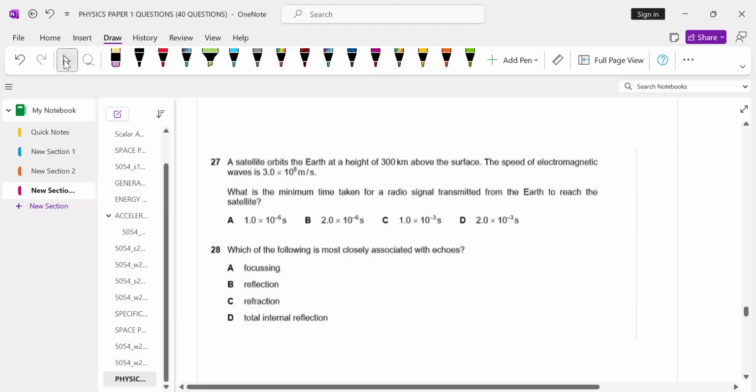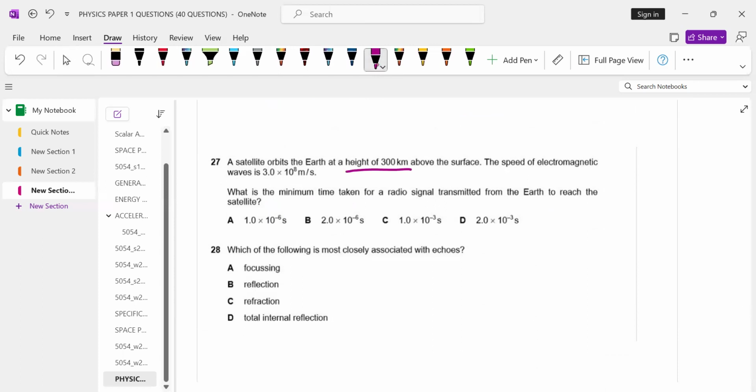Then question number 4. A satellite orbits the Earth at a height of 300 kilometers above the surface, and the speed is given as 3 into 10 power 8. What is the minimum time taken for a radio signal transmitted from the Earth to reach the satellite? Minimum time taken.